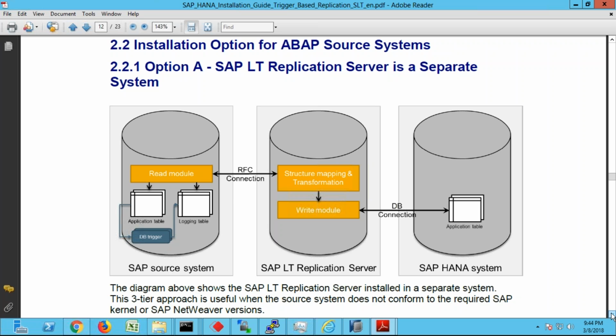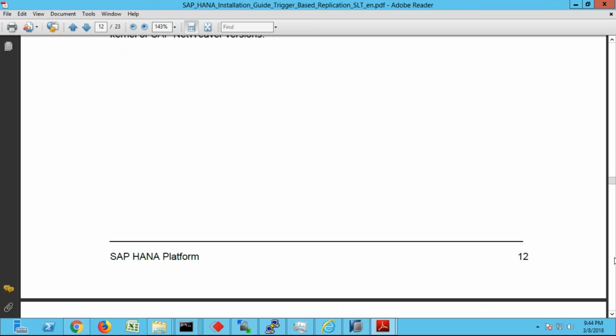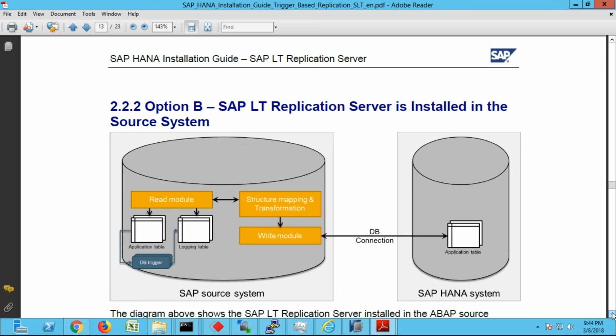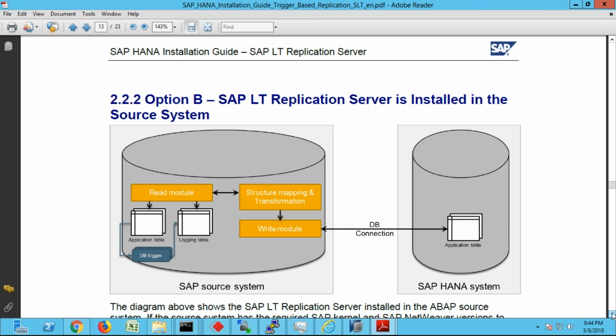Whereas if you go with option B, look at this, you don't find SLT separately because SLT is installed in the source system itself. Provided there is compatibility, there is a specific requirement there. What is that requirement and compatibility? I'll tell you. Either of these two is okay, but the first one we prefer, highly recommended.